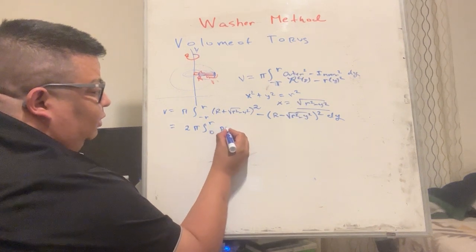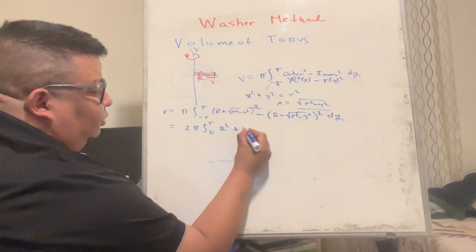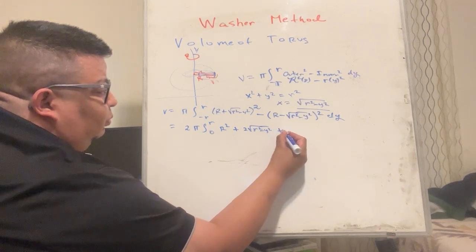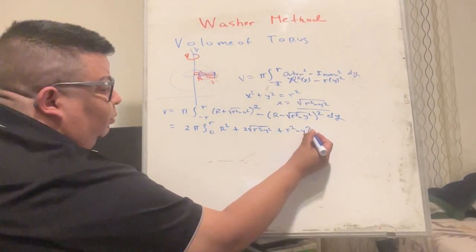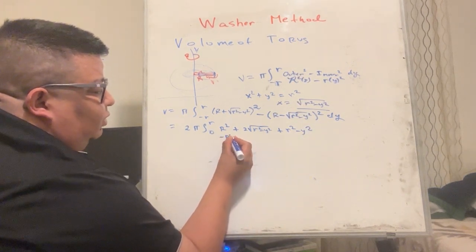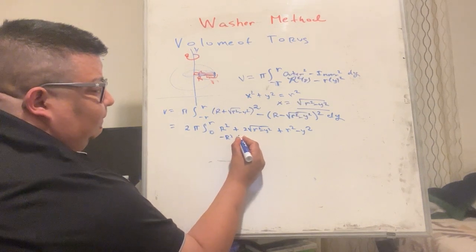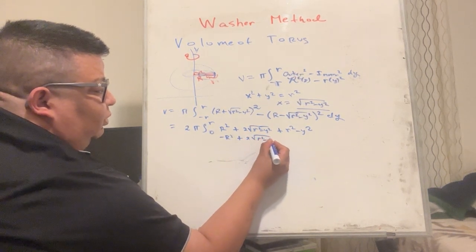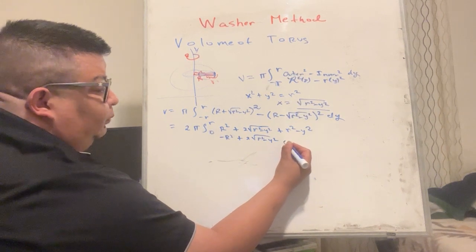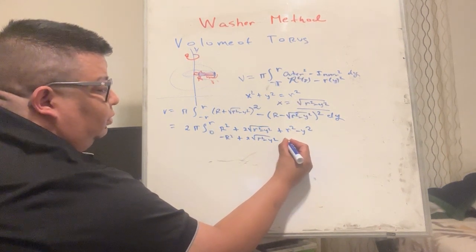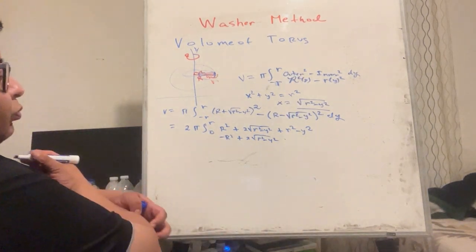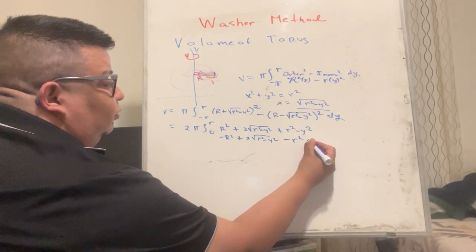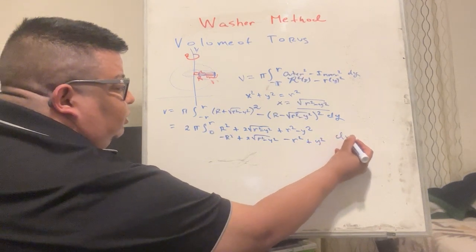That would be R squared plus 2R times the square root of r squared minus y squared plus r squared minus y squared, and this will be minus R squared, plus 2R times the square root of r squared minus y squared, minus r squared plus y squared. This whole thing dy.